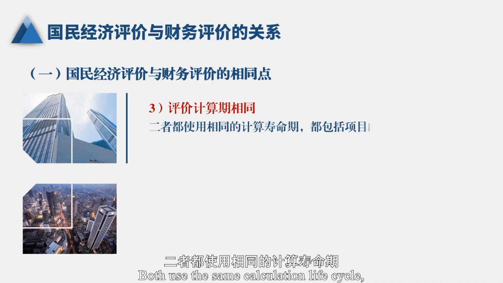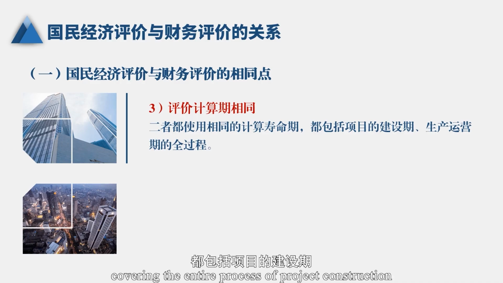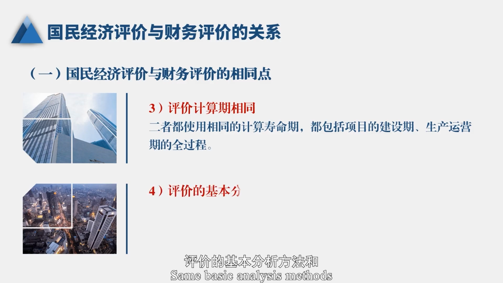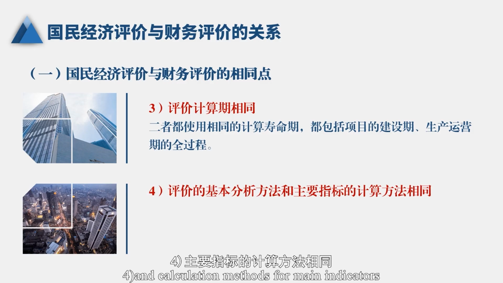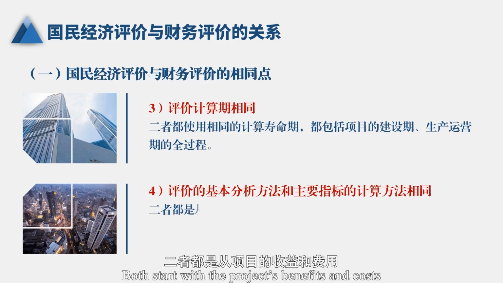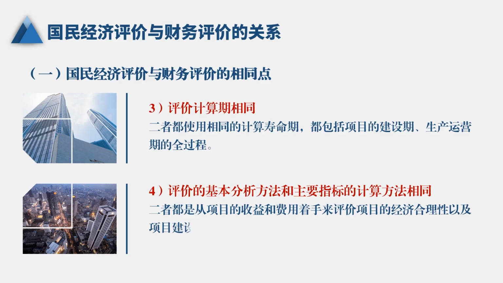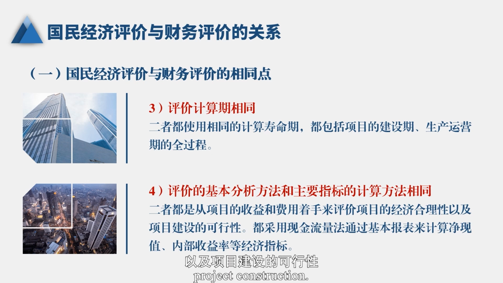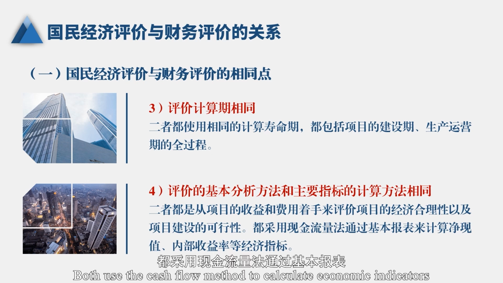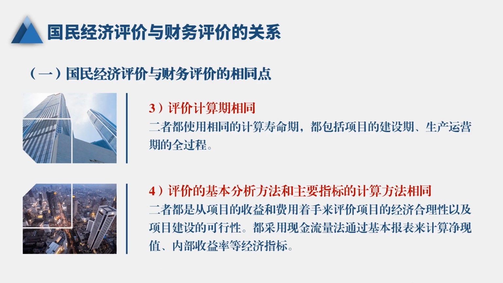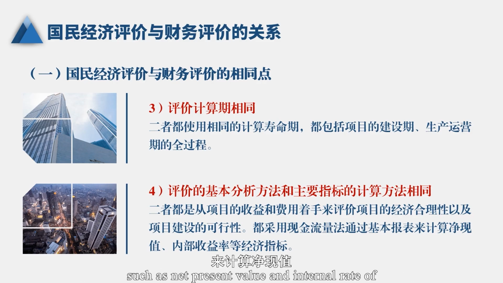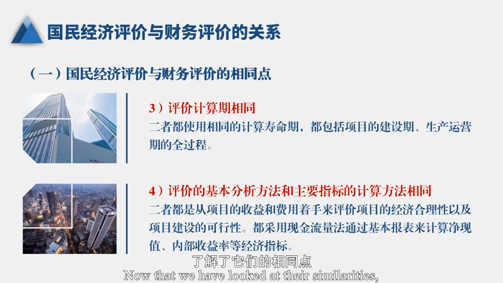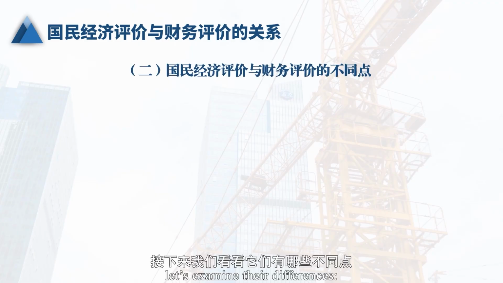Both use the same calculation life cycle, covering the entire process of project construction and production operation. Same basic analysis methods and calculation methods for main indicators. Both start with the project's benefits and costs to evaluate the economic rationality and feasibility of project construction. Both use the cash flow method to calculate economic indicators, such as net present value and internal rate of return through basic statements. Now that we have looked at their similarities, let's examine their differences.